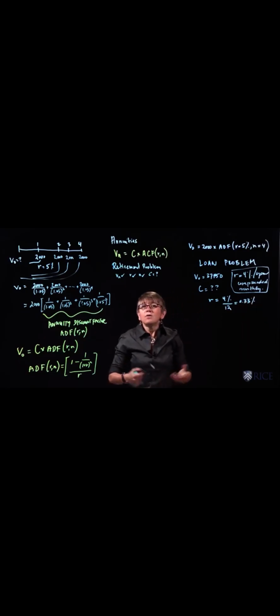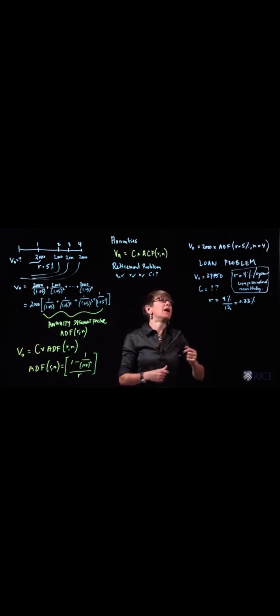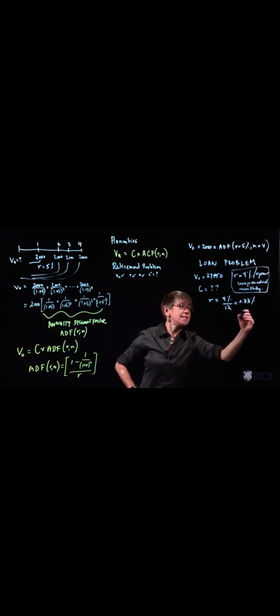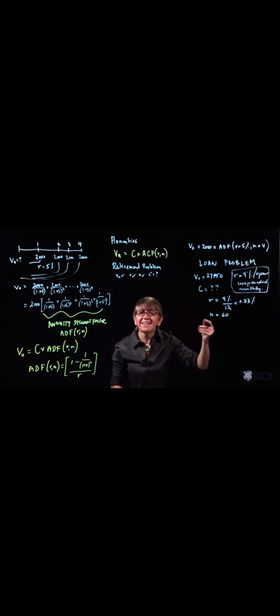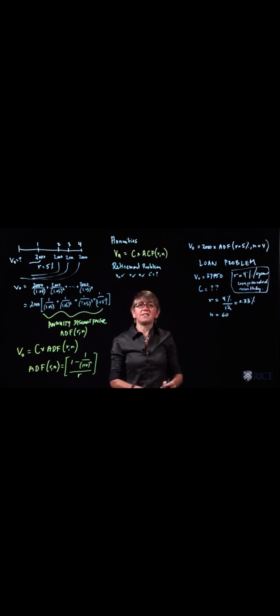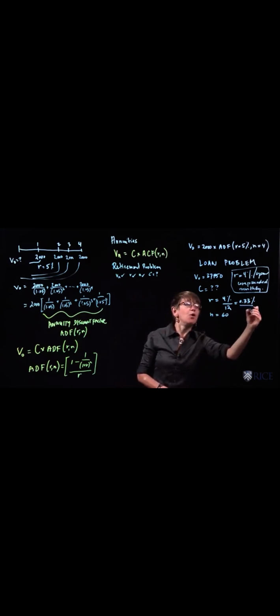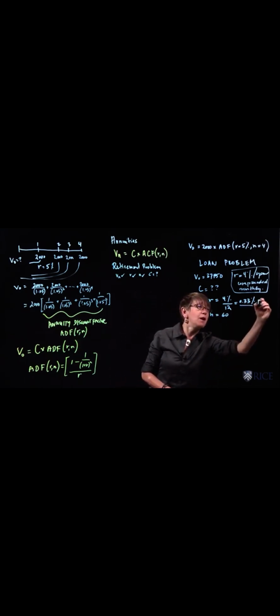So what do we have? Now we have an annuity of 60 months, where N is 60. The relevant rate is the monthly interest rate, which is 0.33% per month.